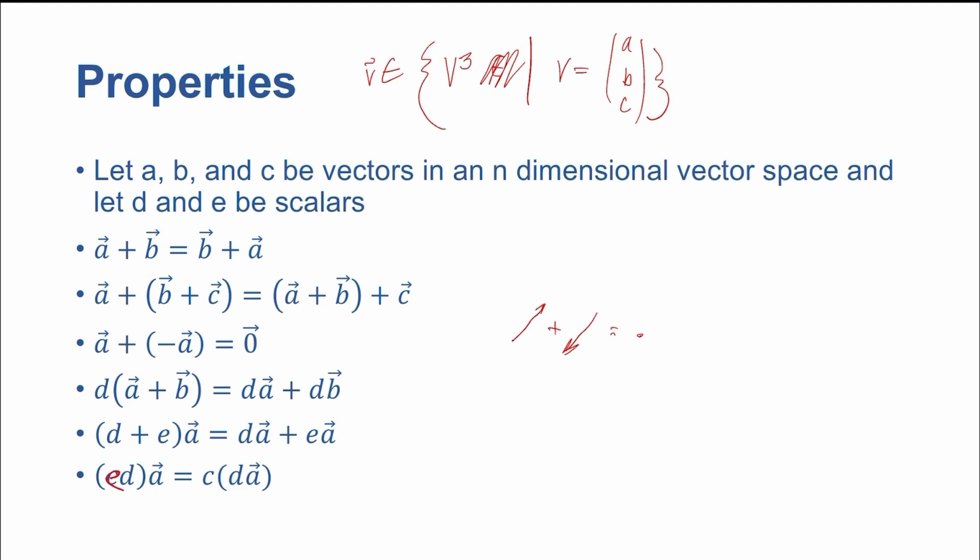So E times (D times A) is equal to (E times D) times A, it doesn't matter how I do that.